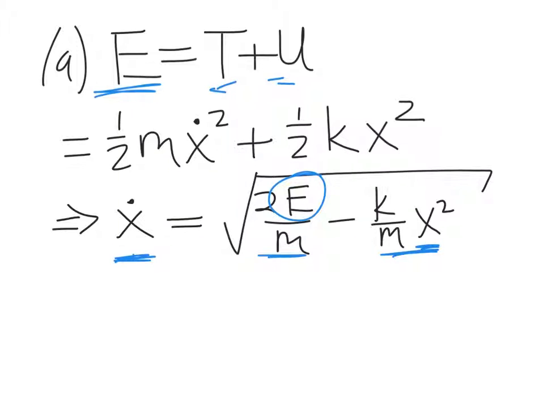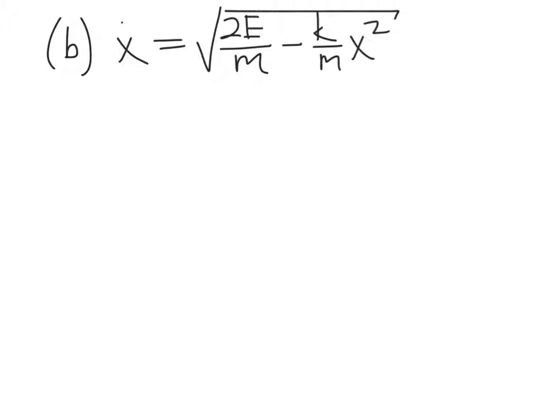Let's look at part B. Part B asks us to show that the total initial energy of the system, E, is given by 1/2 k a squared, so that maximum amplitude. So remember, we're imagining that we give the mass a kick and it heads off in a certain direction with an initial velocity till it stretches out to a maximum distance a. So that's the amplitude of oscillation.